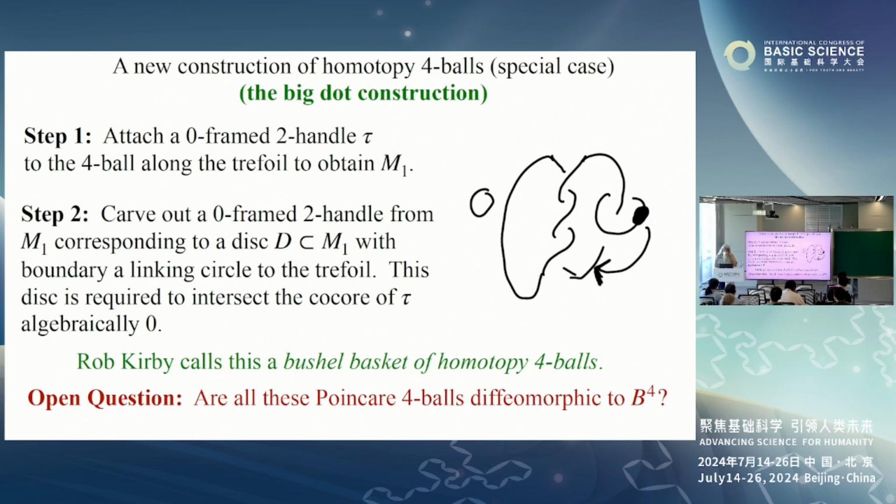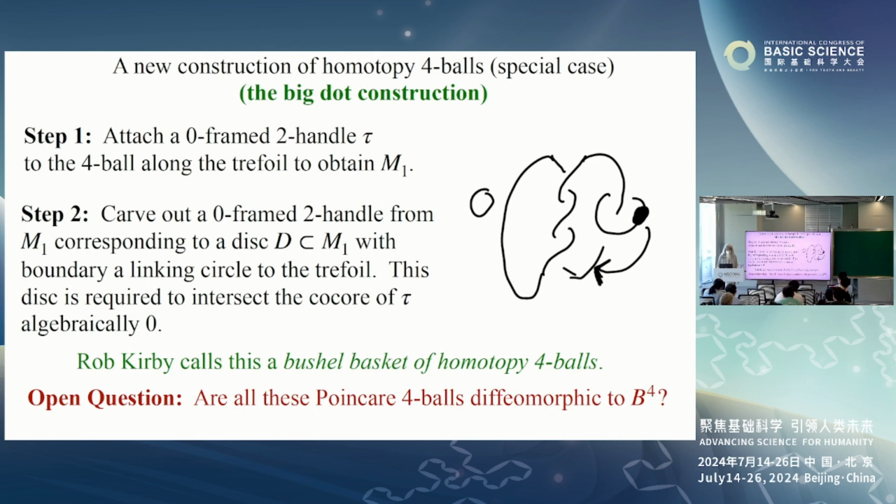But suppose we just do it anyway. The southern ball with this 2-handle, and now we're carving out some disk whose boundary is a standard linking circle, and this disk is required to go through the core of this 2-handle an even number of times.